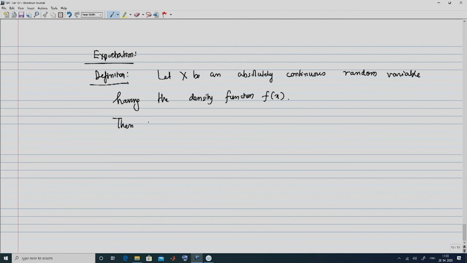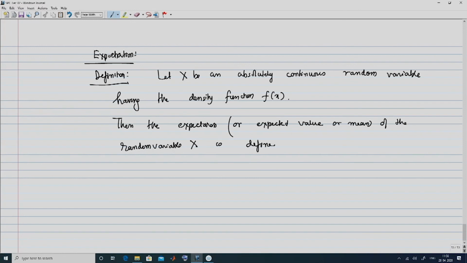So, then the expectation or expected value or mean of the random variable X is defined as the improper integral.